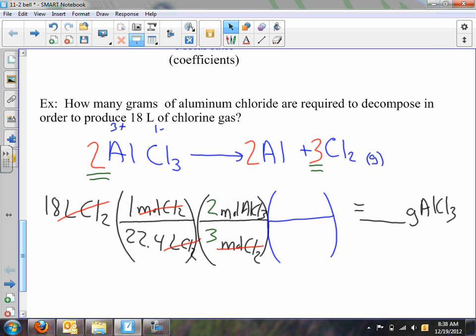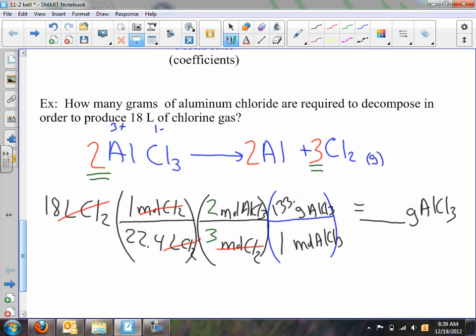So the last step, change moles of aluminum chloride into grams of aluminum chloride. And that is simply multiplying by the molar mass. If you look on the chart, chlorine is 35.5, and there are 3 of them. Plus you need to add aluminum, which is 27.0. So the molar mass of aluminum chloride is 133.5.